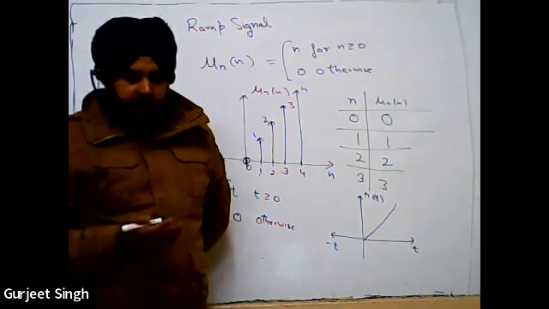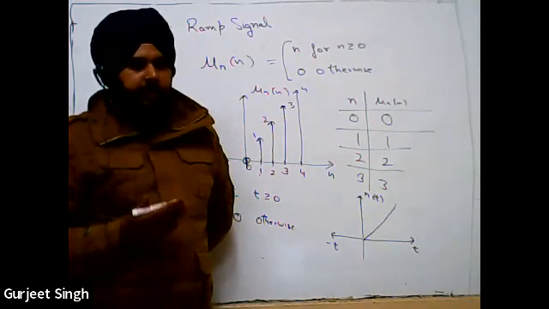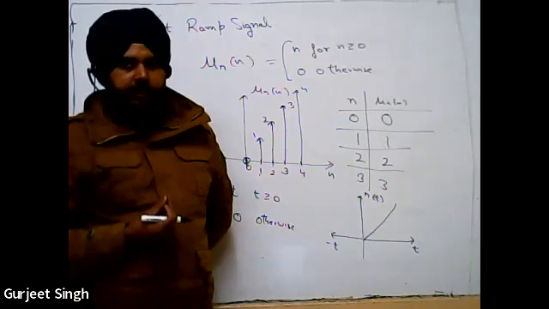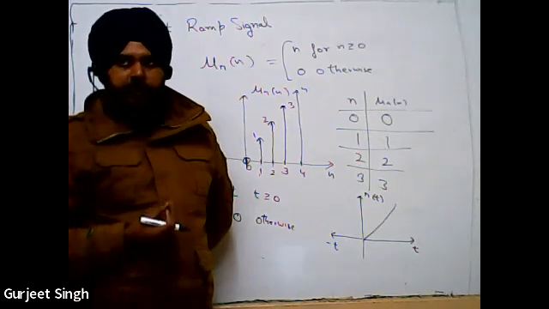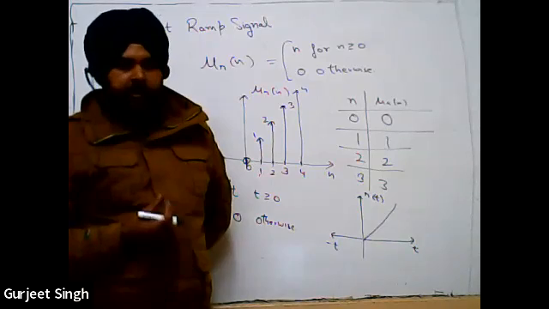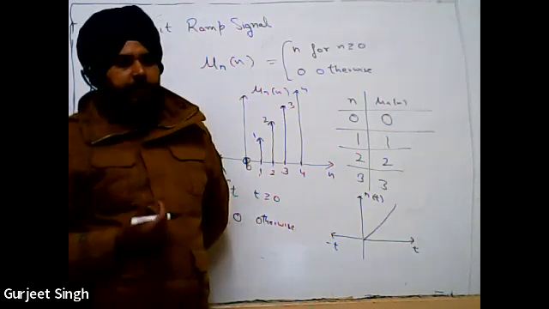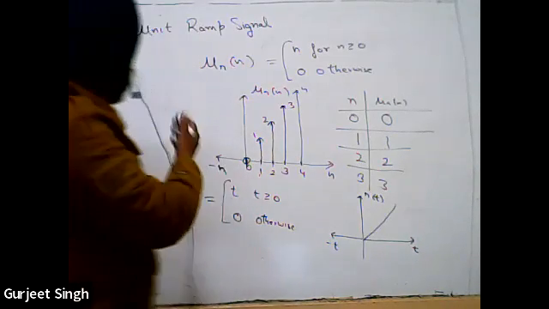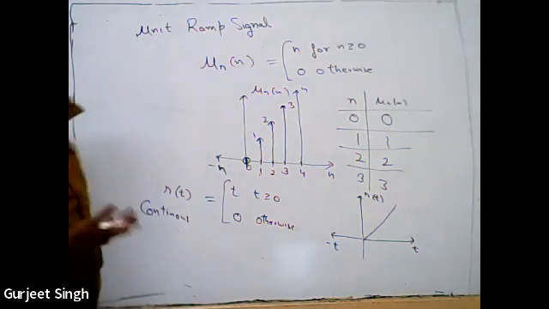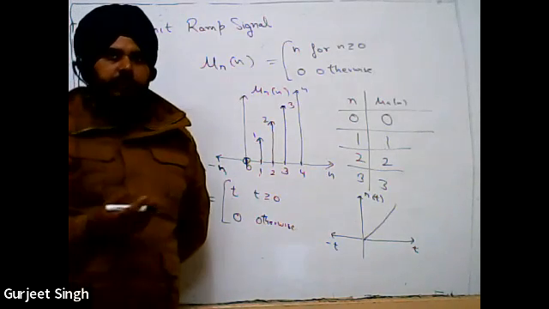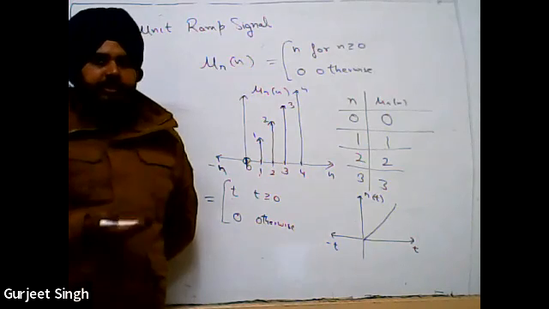Again, there are three important standard signals we use in signals and systems. First is the unit step signal, then the delta function, and third is the unit ramp signal that I have explained here. These three signals are very important, and the examiner will ask what the relation between these three signals is.